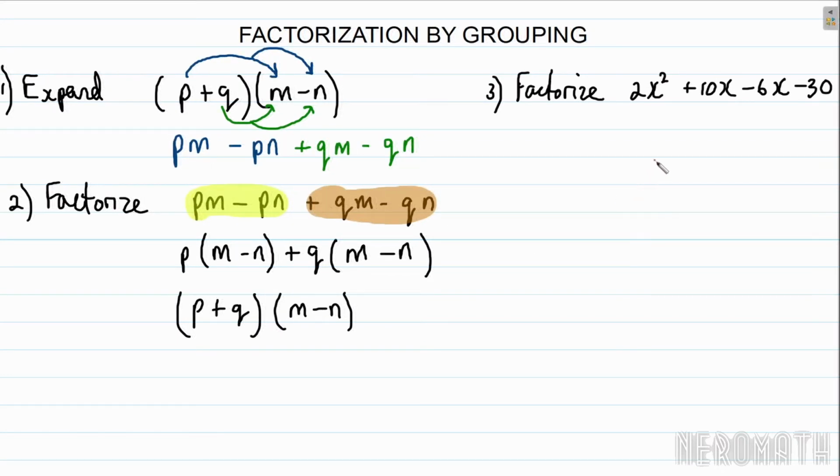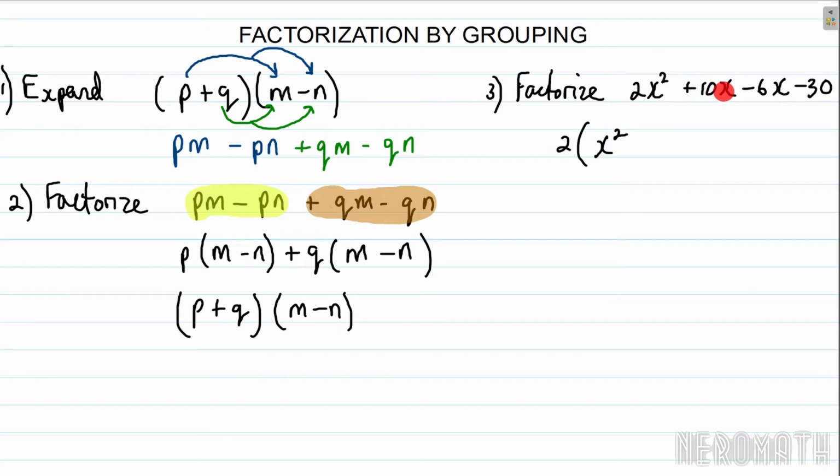Now in question 3, I have to factorize 2x squared plus 10x take away 6x take away 30. Now I immediately notice that 2 is common to all four terms. Therefore, I go ahead and factorize. So I write the 2, open brackets, and I divide 2x squared by 2 and I'll get x squared.